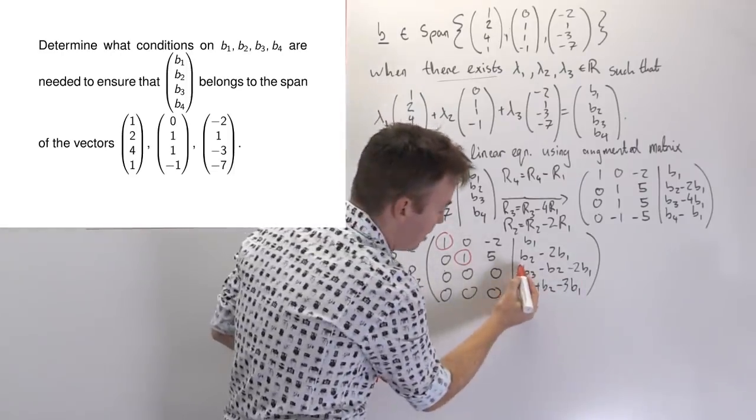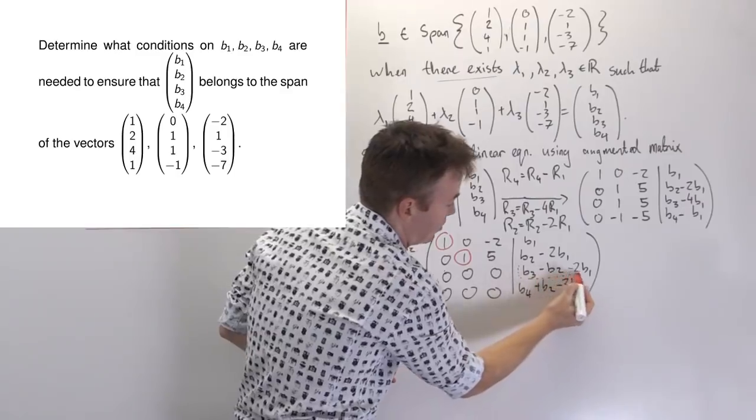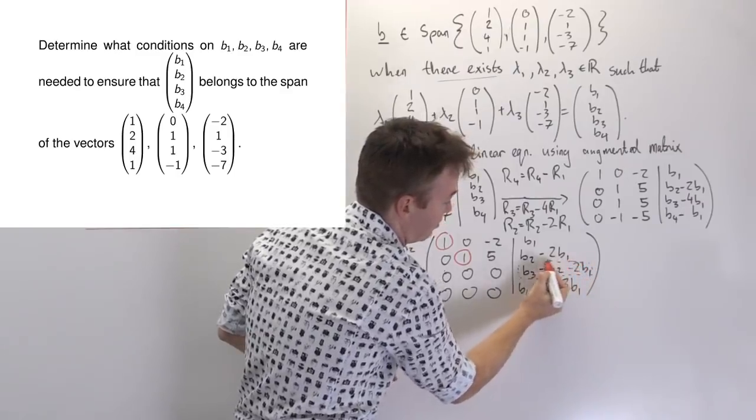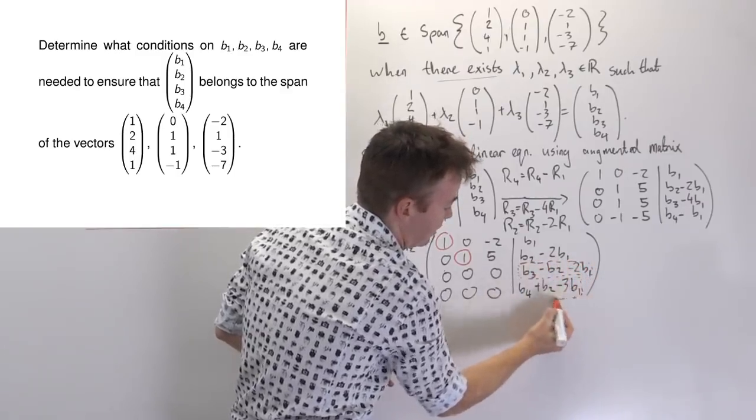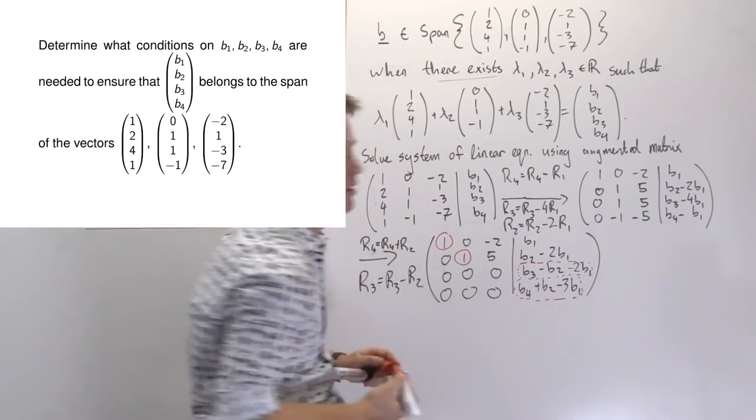I need to choose my b's that make this not leading, i.e. I make this 0. And I need to choose my b's which make this not leading, i.e. 0.